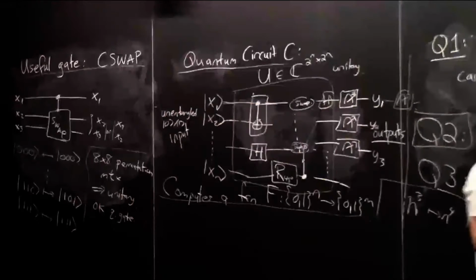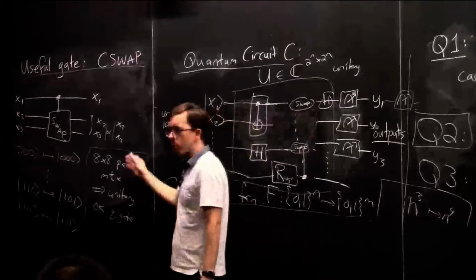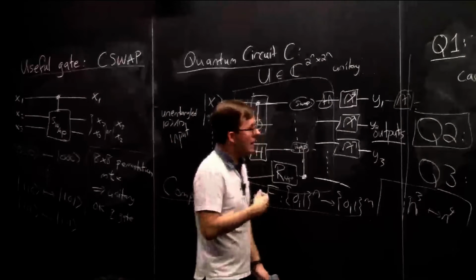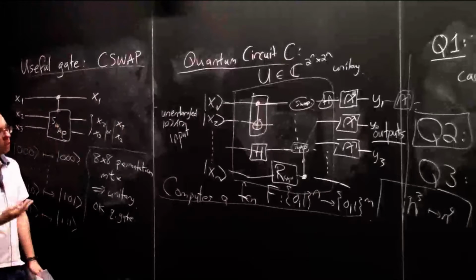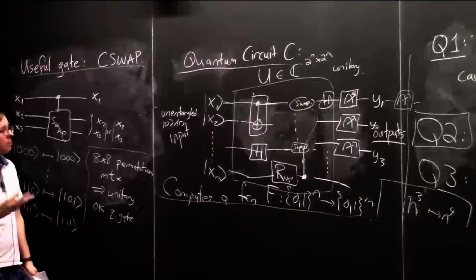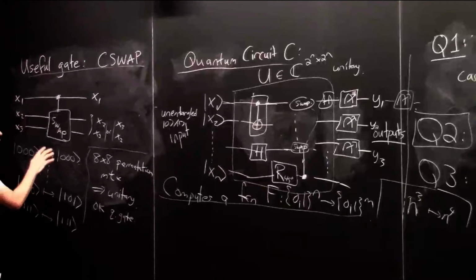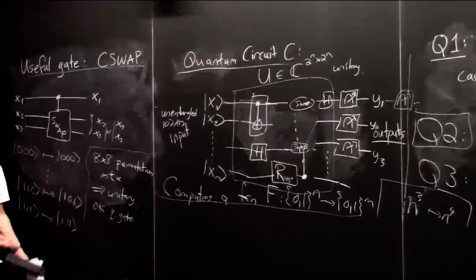Okay, so once we grant ourselves the ability to do this C-swap gate, we'll see that you can simulate AND and OR and NOT gates. And so what I'm going to show you now is how to take a classical circuit and re-implement it with reversible classical gates, mainly this C-swap gate and maybe also NOTs.